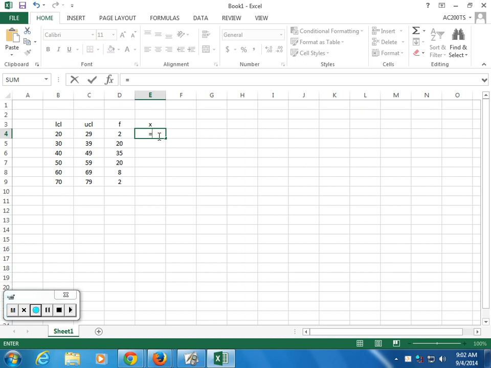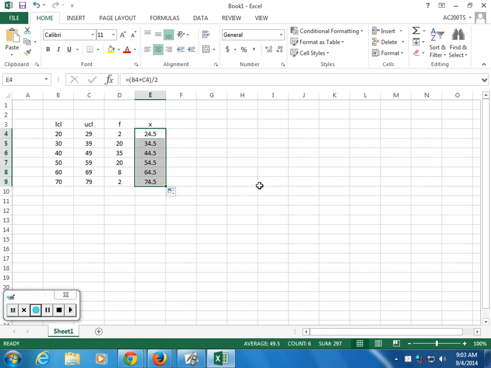And you put parentheses and 20, click on that cell, plus 29, close parentheses, divided by what? 2, and hit enter. Then click on that cell, grab that little bottom right corner, click on it one time, and drag. And there's your numbers. Okay?